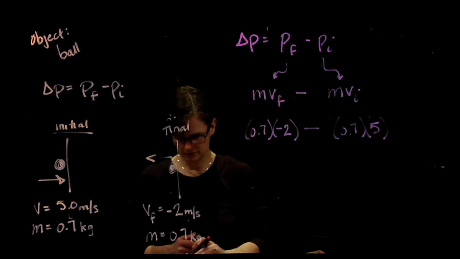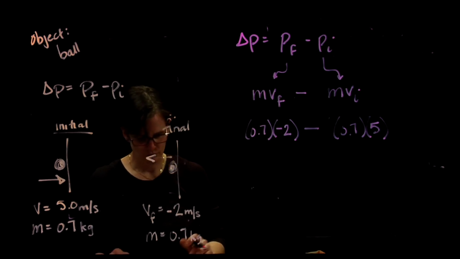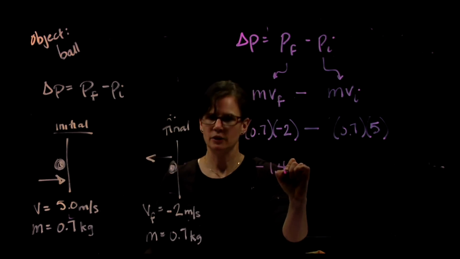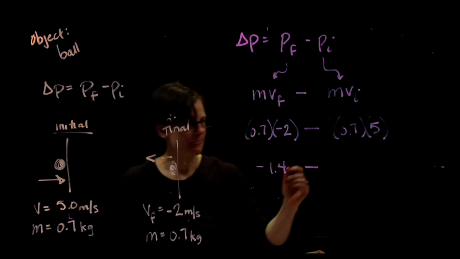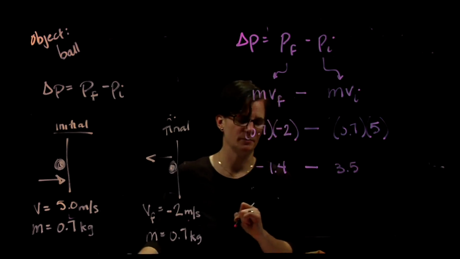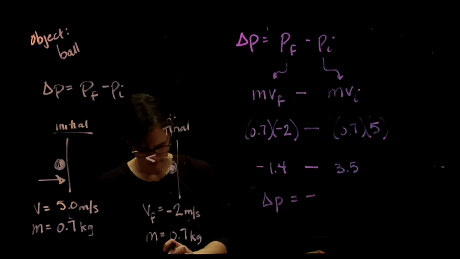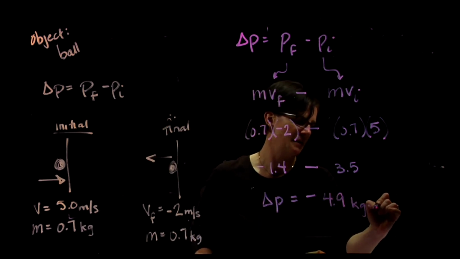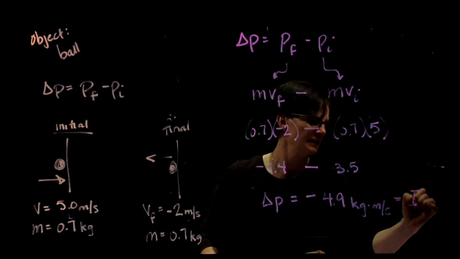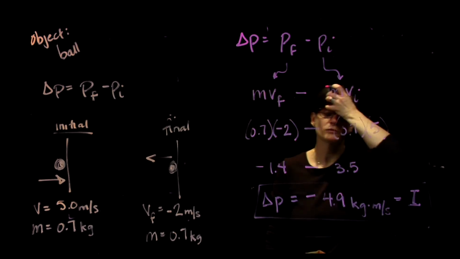Well, 0.7 times negative 2 is negative 1.4 kilograms times meters per second, minus 0.7 times 5, 3.5 kilograms times meters per second. So my change in momentum is minus 1.4 minus 3.5, minus 4.9 kilograms times meters per second. That is my impulse. Now, the magnitude of the impulse is 4.9 kilogram meters per second.